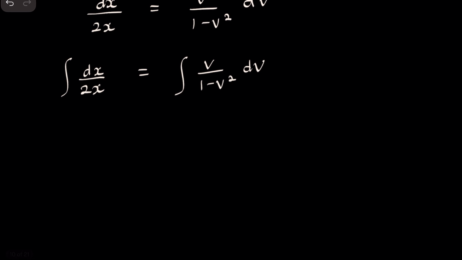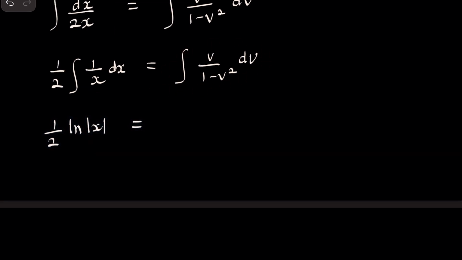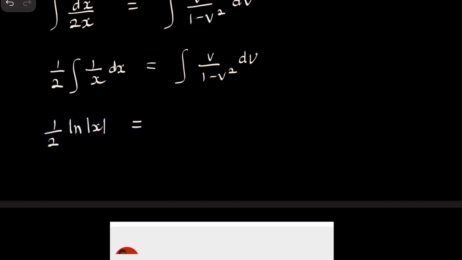For the left hand side, we have 1/2 times the integral of 1/x dx, which is 1/2 ln|x|. For the right hand side integral, we use u substitution. You let u equal 1 − v², then you substitute.